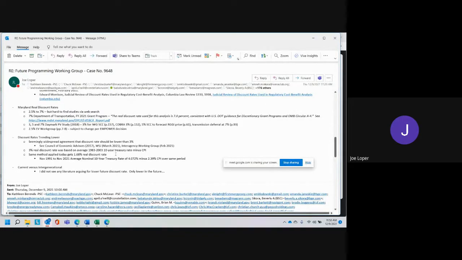And then the Daymark study, interestingly, the Daymark PV study from PC 44 from 2018, was using 3% for the social cost of carbon and for the criteria emissions, but then using a 5% social cost of carbon to forecast the RGGI price, and then a 7% for transmission deferral. And that was me searching discount rates. I couldn't find any other reference to what they were doing overall.